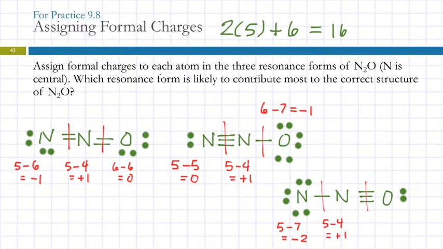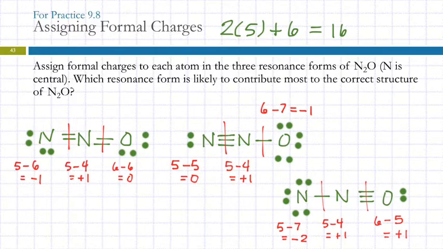And the oxygen over here, 6 minus 5. So here, we've got -2, +1, and +1. Those formal charges are larger than for these two, right? The best one is the one with the lowest formal charges.